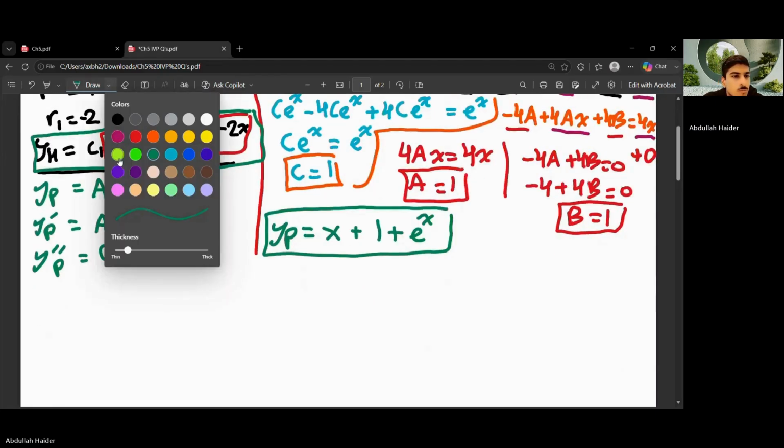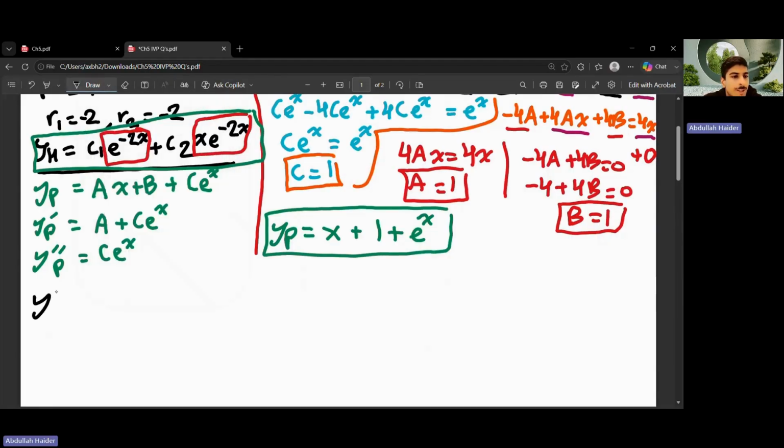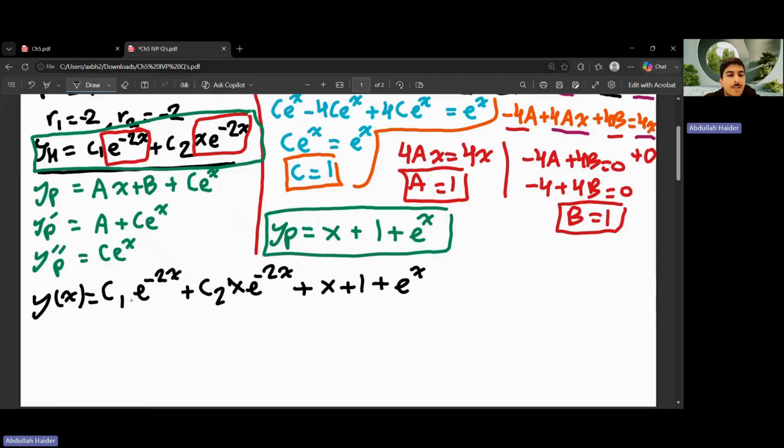So our y of x is equal to homogeneous solution plus yp. C1 e power minus 2x plus C2 x e power minus 2x plus x plus 1 plus e power x.